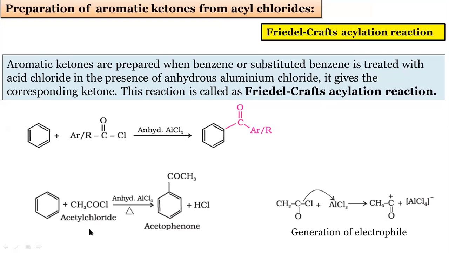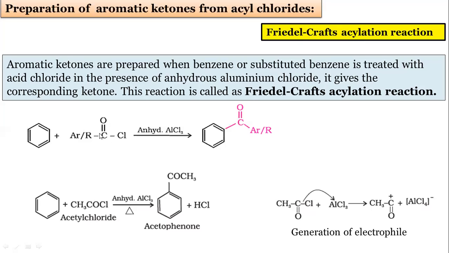If you take acetyl chloride, we will get acetophenone. These reactions are covered in chapter 10, chapter 11, in ethers and phenols also. There are two Friedel-Crafts reactions, Friedel-Crafts alkylation, in which alkyl chloride is used, and Friedel-Crafts acylation, in which acyl chloride is used.